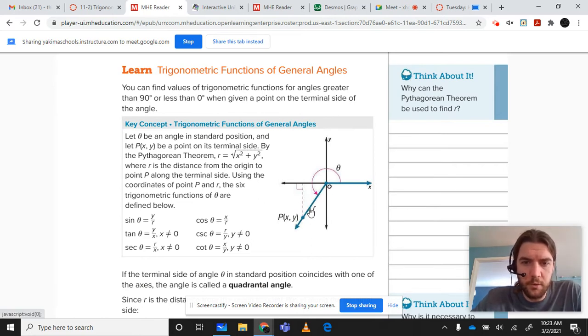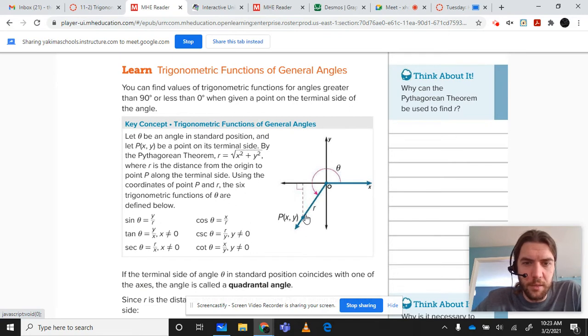So if we know some point along this line, then we should be able to figure out all of our different ratios. They're saying let theta be an angle in standard position and let the point P at the coordinate xy be a point on its terminal side down here.